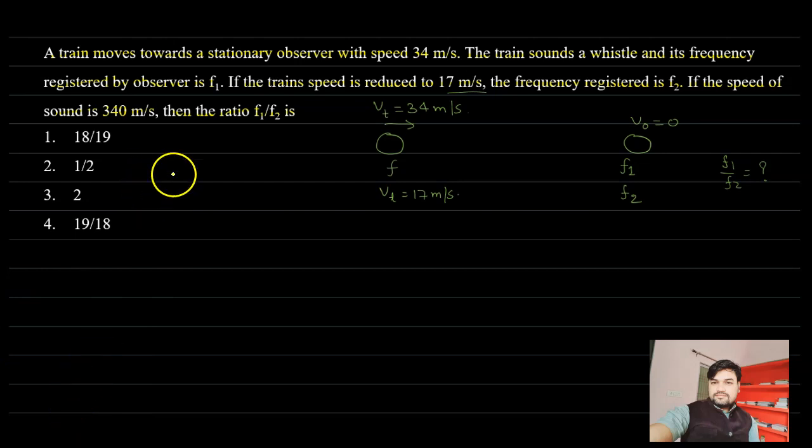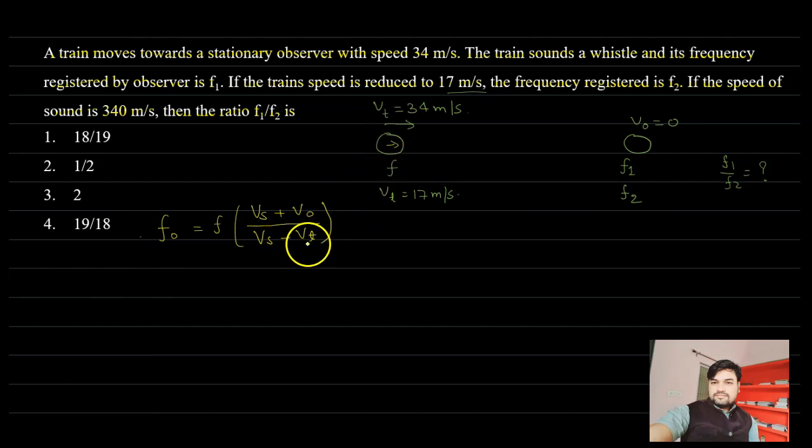So from the Doppler's effect we can write the frequency observed by the observer. As the train is moving towards the observer, the frequency observed by observer can be written as, f0, where f is the frequency of the whistle, into velocity of sound plus velocity of observer divided by velocity of sound minus velocity of source.